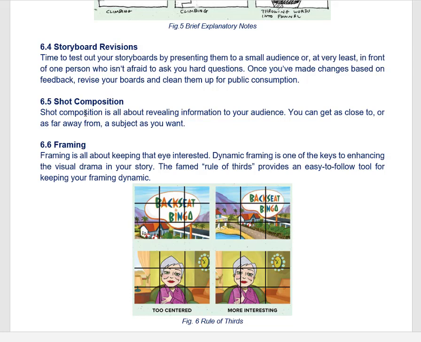So the short composition is all about revealing information to your audience, how to provide information to the audience, and what we can do to make it clear and attractive to the users.